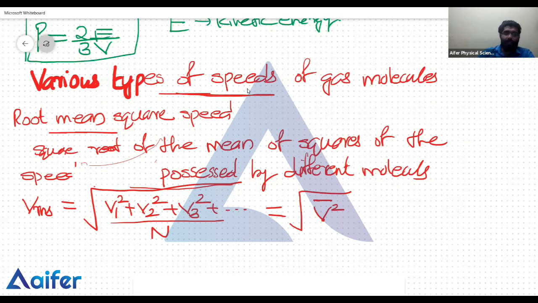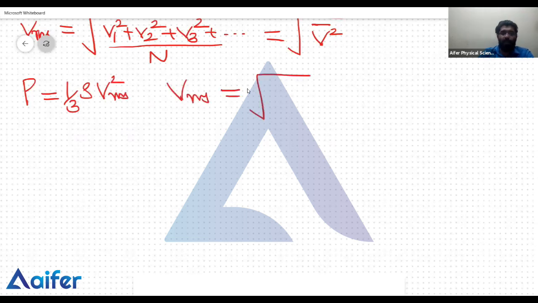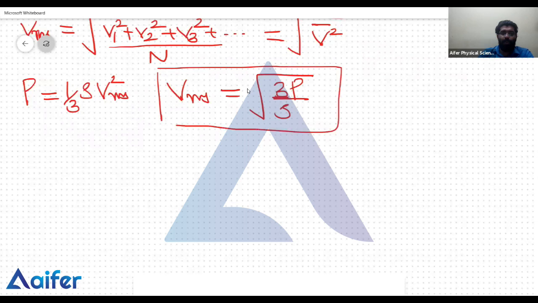From kinetic theory of gases, you have an expression for P, which is 1 by 3 rho Vrms square. So from this, Vrms equals root of 3P by rho. Now rho is the total mass of the molecules divided by its volume, and we can have several expressions for Vrms.